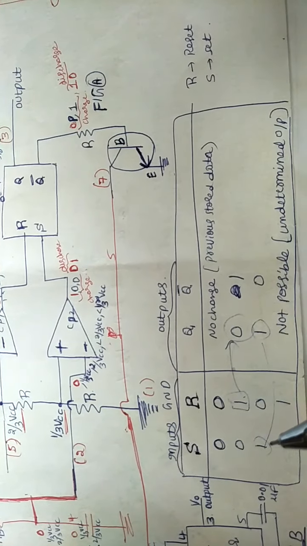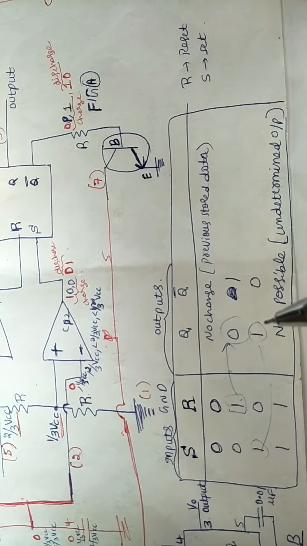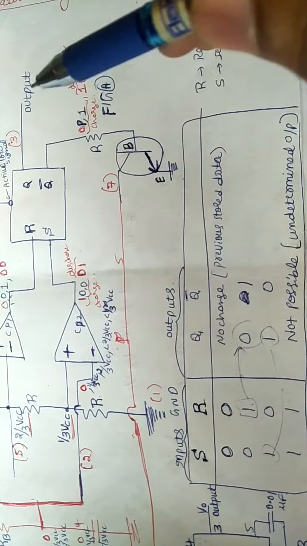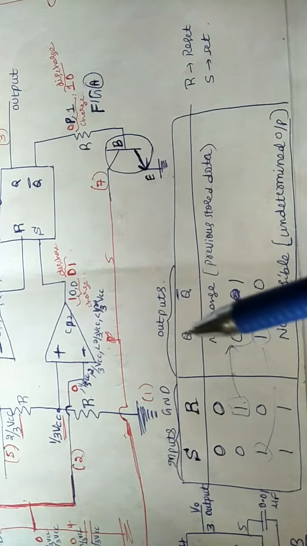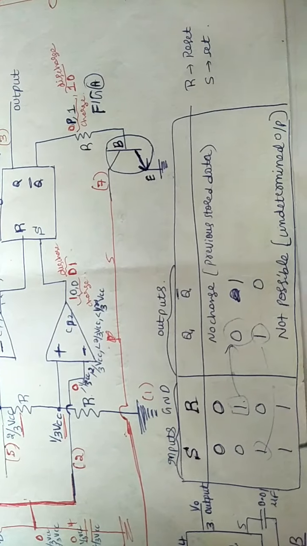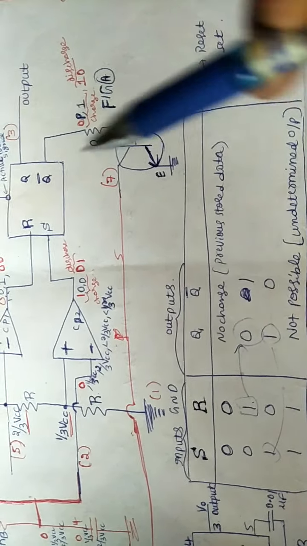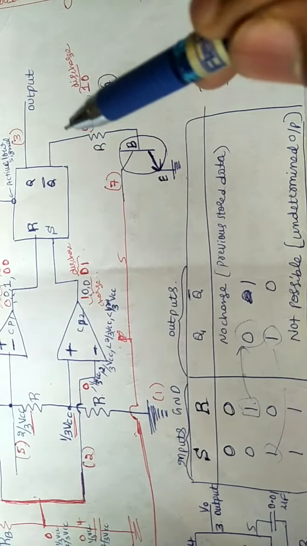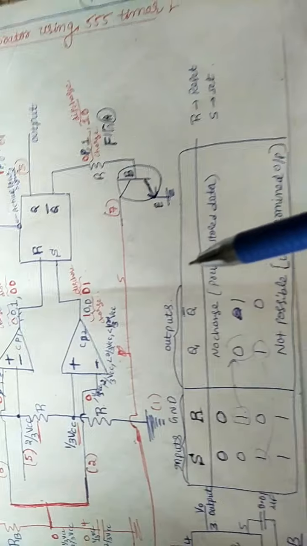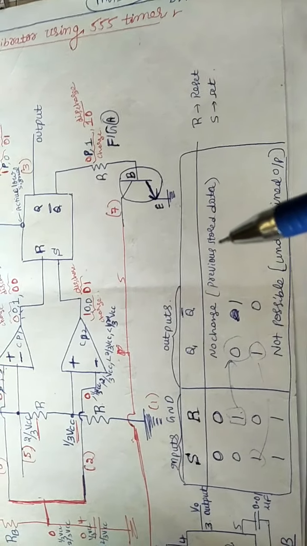If set is 1 and reset is 0, then the output is 1 because set is 1, and Q bar is the complement of Q, you will get 0. If S and R both are 1, then you will get an undetermined output here. This is the truth table for the SR flip-flop. We are going to study the flip-flops in detail in module 5.